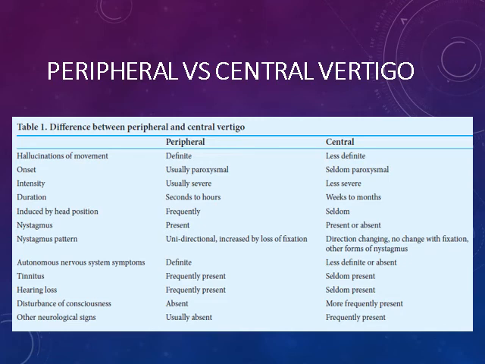On the other hand بقى neurological symptoms, disturbance of consciousness, ataxia الكلام ده كله بيكون evident مع the central causes of vertigo and is absent with peripheral vertigo.